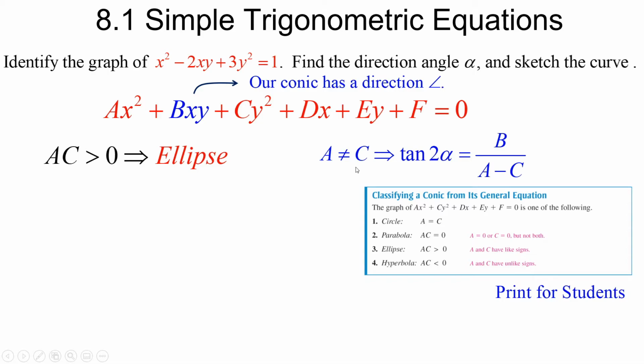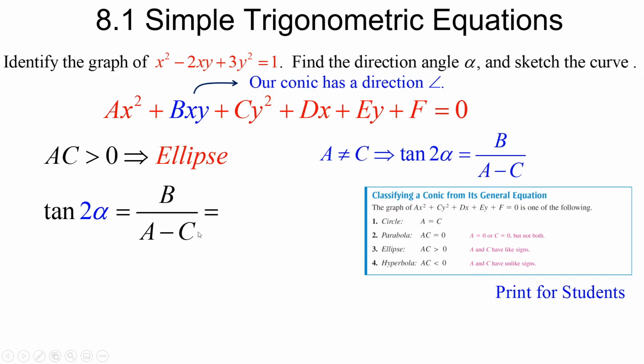When A does not equal C, which A is 1 and C is 3, then tangent of 2 alpha equals B over A minus C, meaning we're going to use this general equation right here to find our angle alpha, our direction angle. So we're going to go tangent of 2 alpha equals, and I'm going to do this one more time in general, B over A minus C.